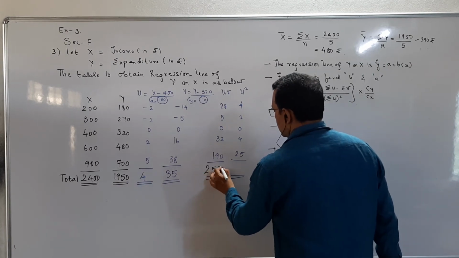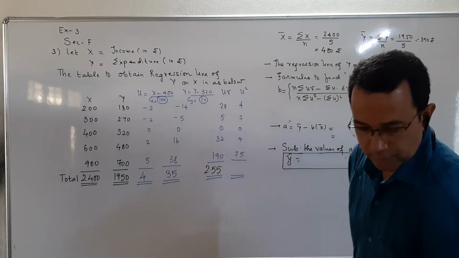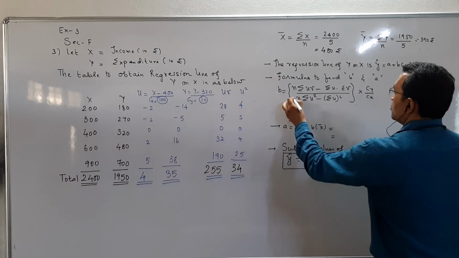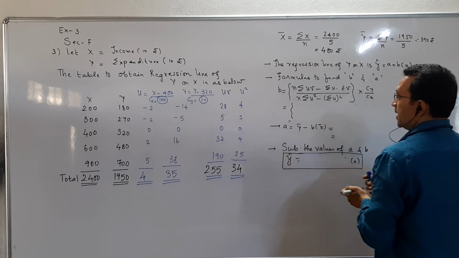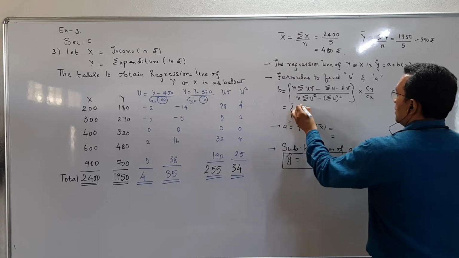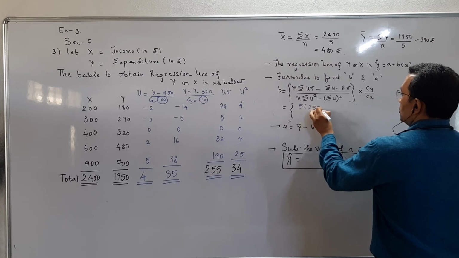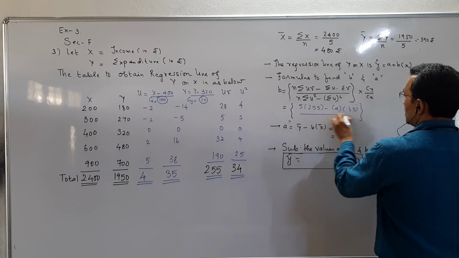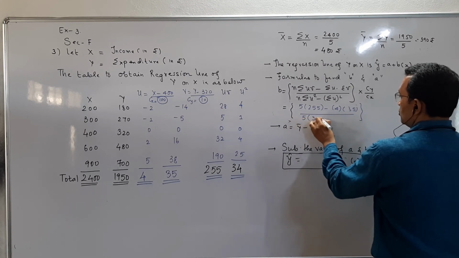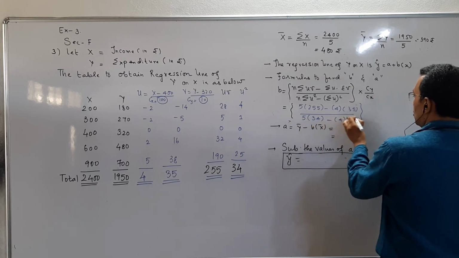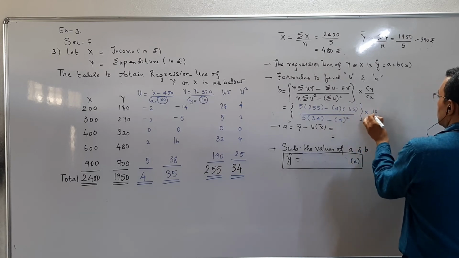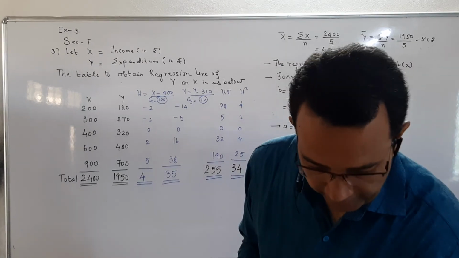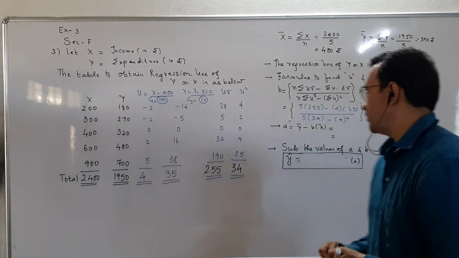And the total of u square is 34. So substituting the values, n is equal to 5, sigma uv 255, sigma u into sigma v upon n sigma u square minus sigma u the whole square, into 10 upon 100. Finally, simplifying, b turns out to be 0.74.